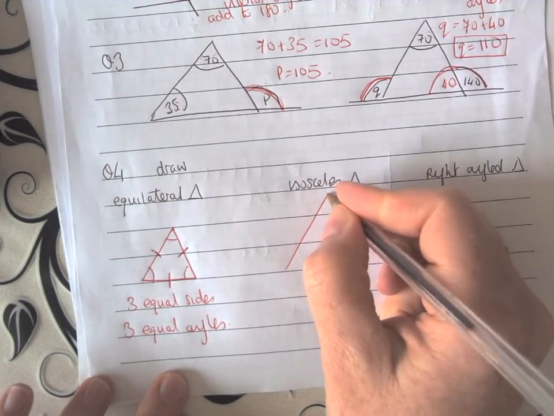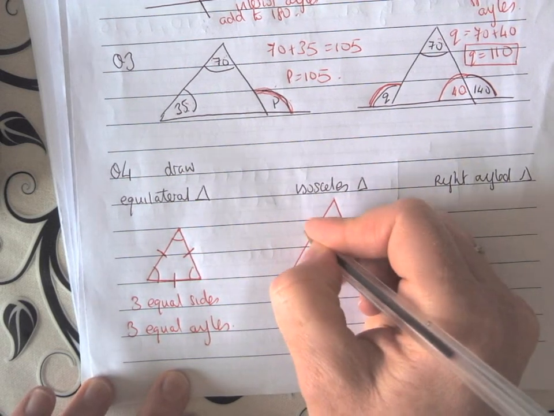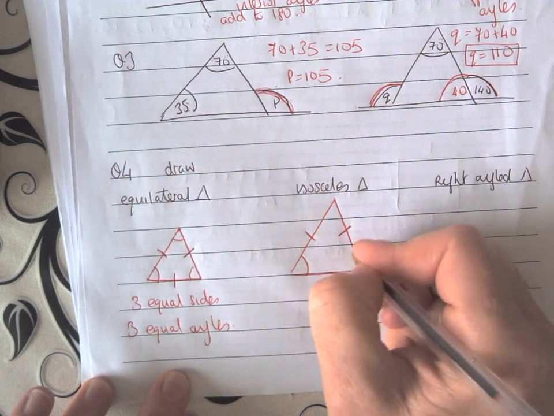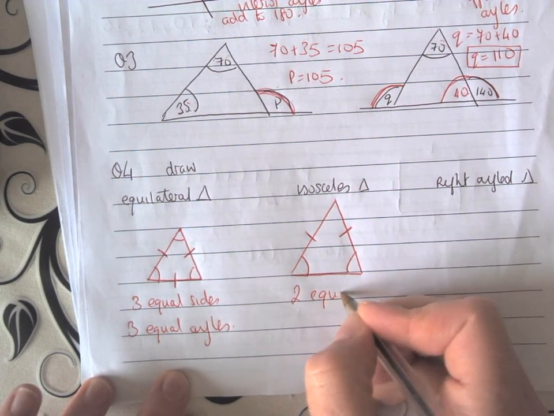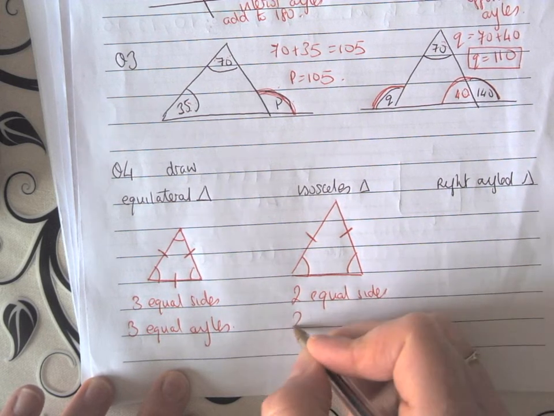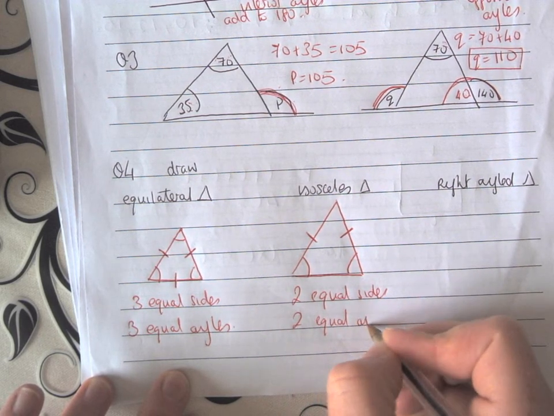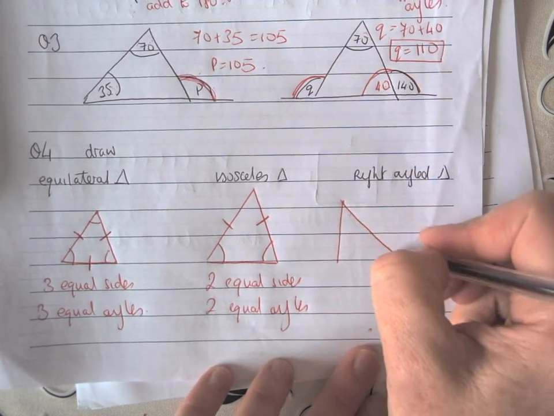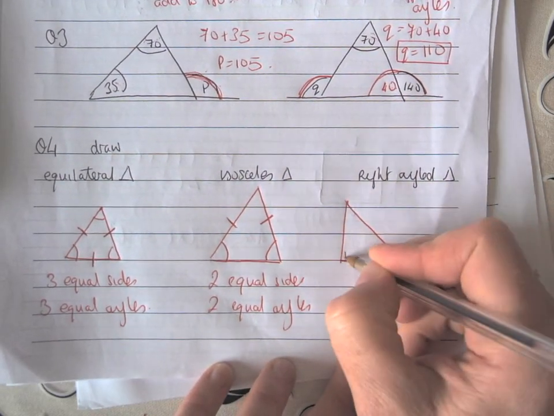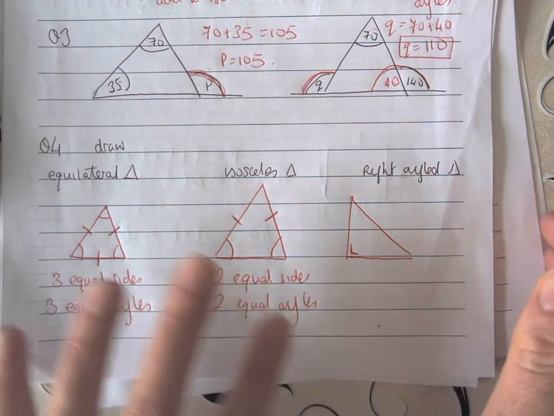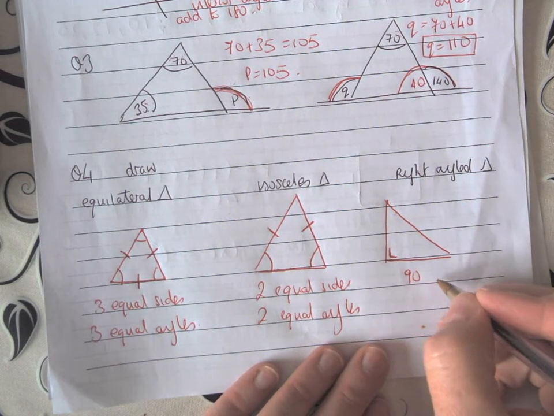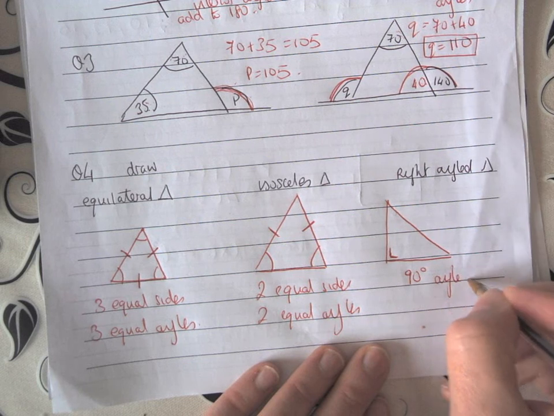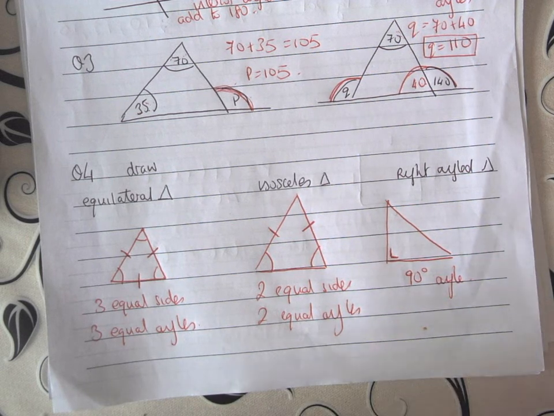Isosceles then has 2 equal sides and 2 equal angles. And a right angle triangle has 90 degrees. Okay, and that doesn't have to have anything else besides that.